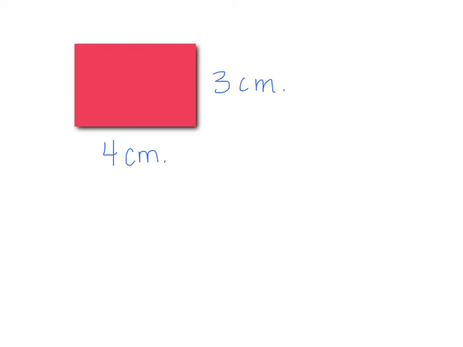If I was asked to find the perimeter of this, I would just simply add all of the sides around. So I would add 4 plus 3 is 7, plus 4 is 11, plus 3, which is 14. So the perimeter of the shape is 14 centimeters.